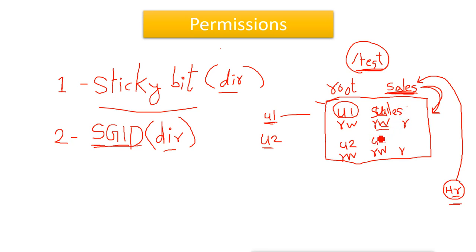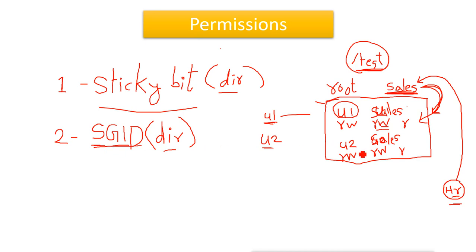So whatever file we create inside this directory, by any user, that file will get the group inheritance from the directory. The owner group of the directory will be inherited by all the files and directories inside this directory after setting the GID.